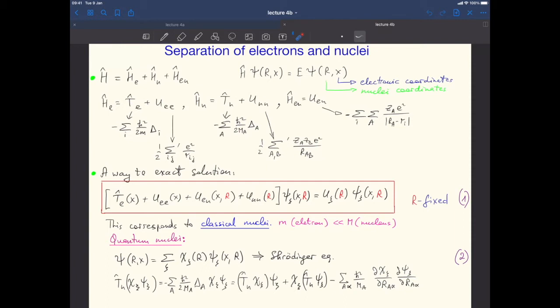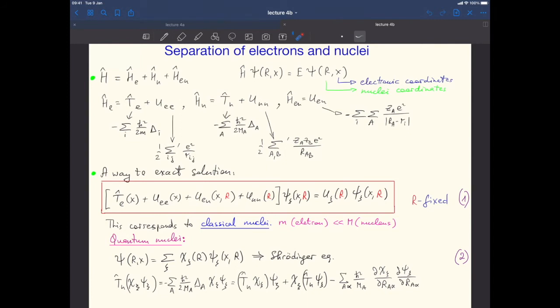So what we need to do now is to take this trial wave function and substitute it into this Schrödinger equation, and then see what comes out of it. First of all, we need to understand that this Hamiltonian here is basically the electron-only Hamiltonian plus the kinetic energy operator for the nuclei.